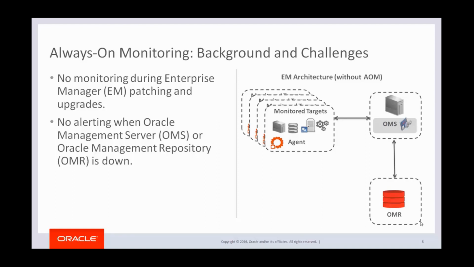That happens when you are applying patches or upgrading Enterprise Manager, and most likely at that time, you'll need to bring down OMS and OMR. When this happens, there will be no alerting for the targets you are monitoring, and no notifications are sent to administrators even though the targets are having problems. So this was a problem for many Enterprise Manager customers, raised and discussed for a long time.